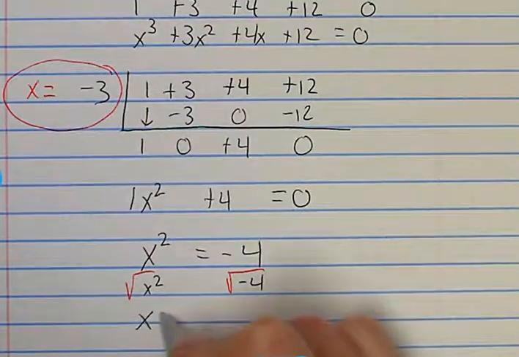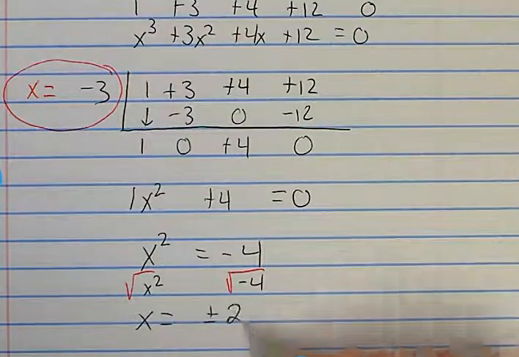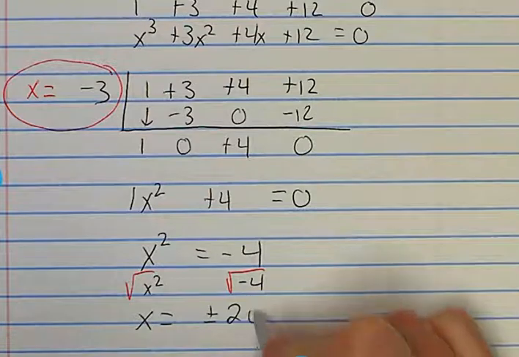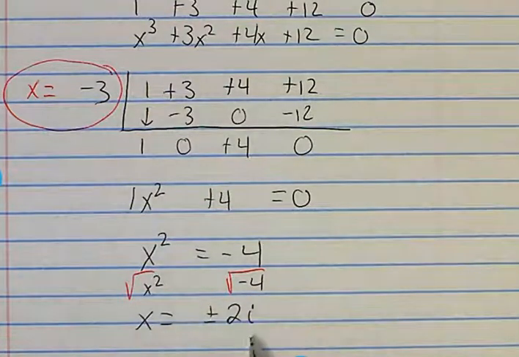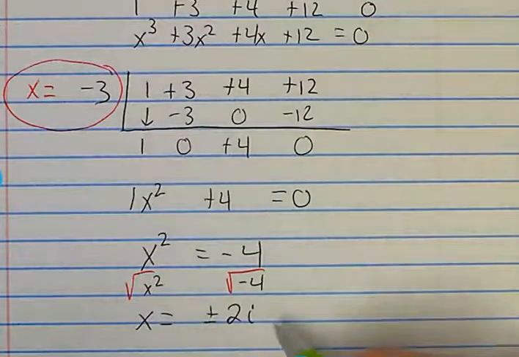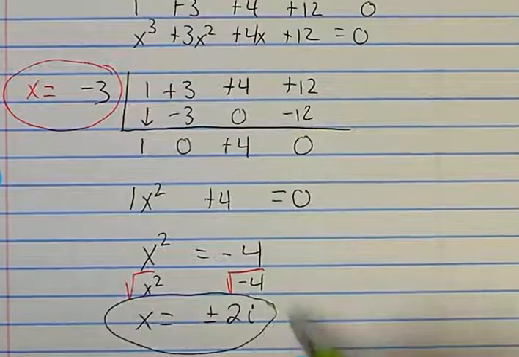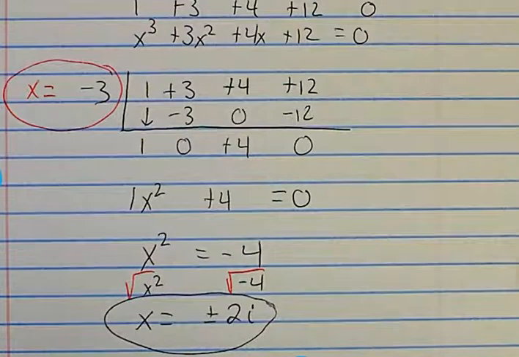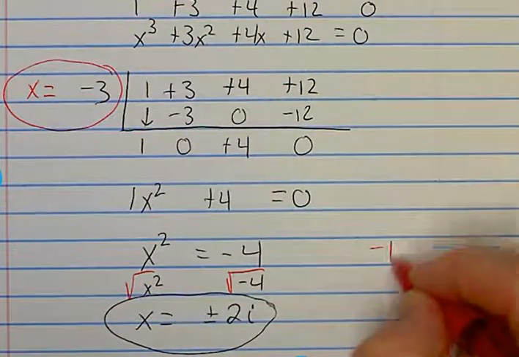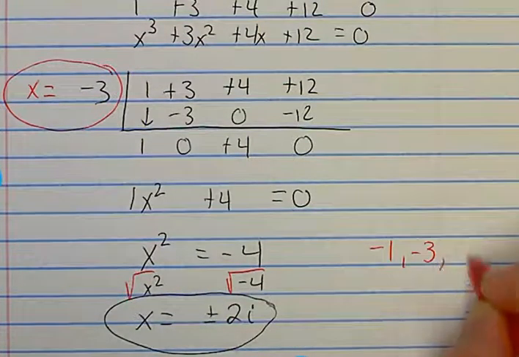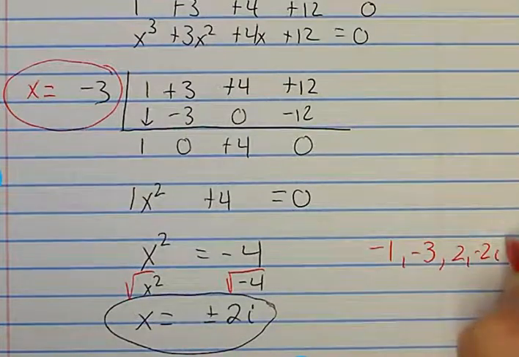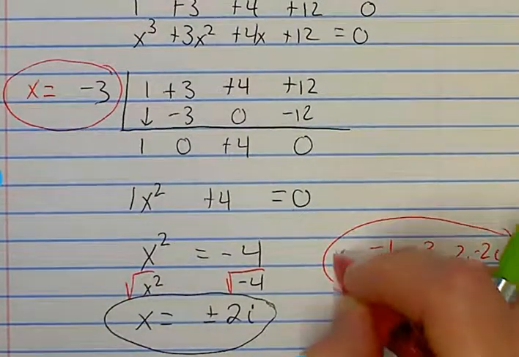So x is going to equal plus or minus 2i. Because those are imaginary answers, there's no more synthetic division that would work once you got past the negative 1 and negative 3, because now you've got the two complex solutions. So the four answers we're looking for are negative 1, negative 3, 2i, and negative 2i.